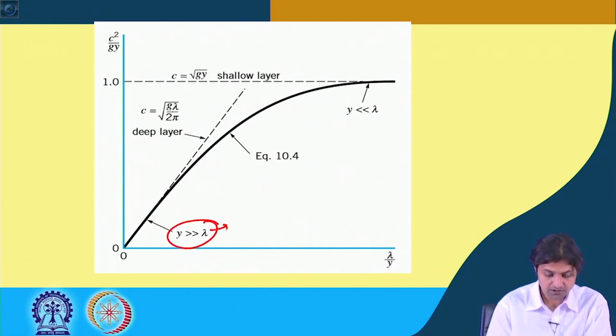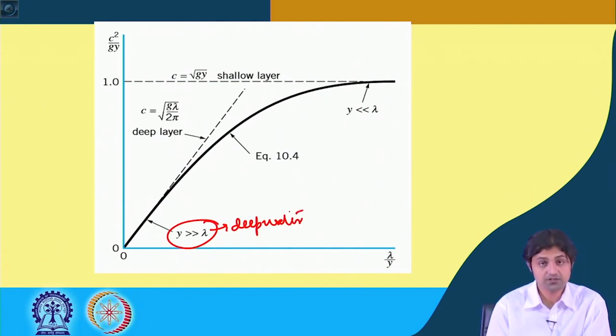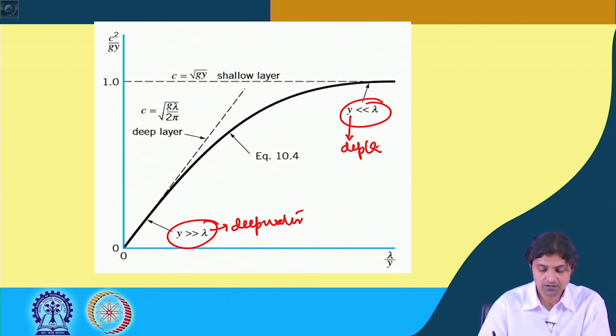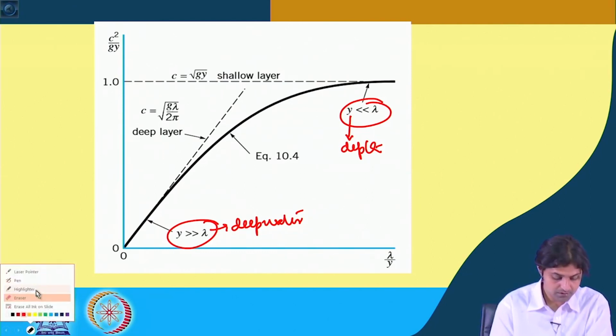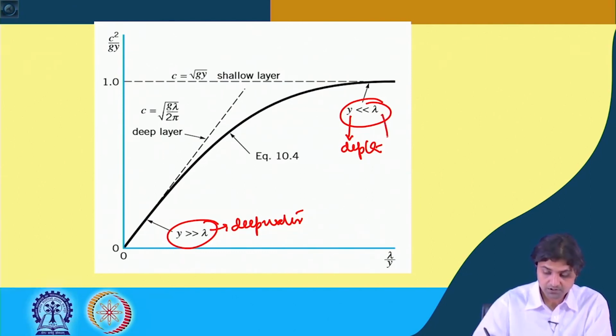This is deep water. When somebody says deep water, it is assumed that the depth of the water is much larger than the wavelength. Shallow water means that the depth of water is small compared to the wavelength.